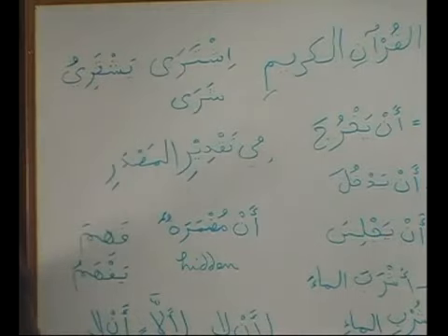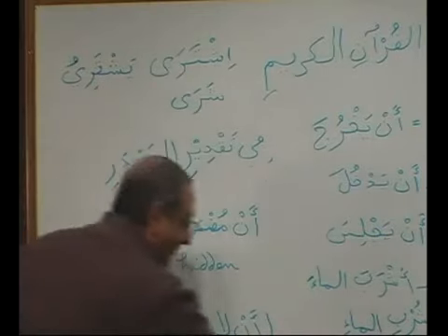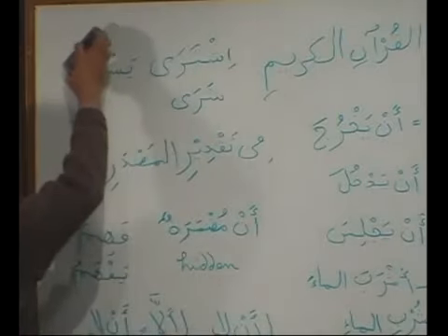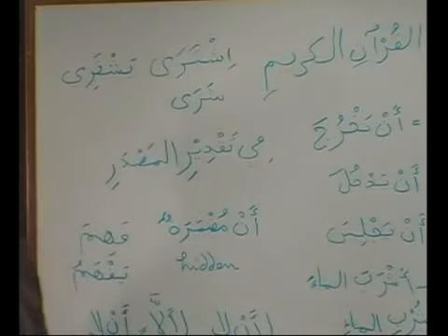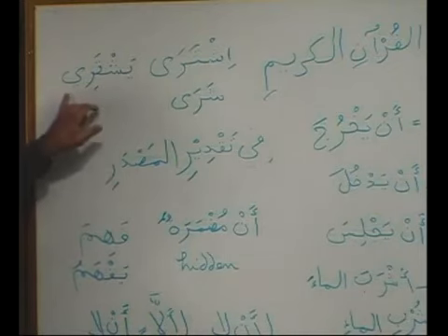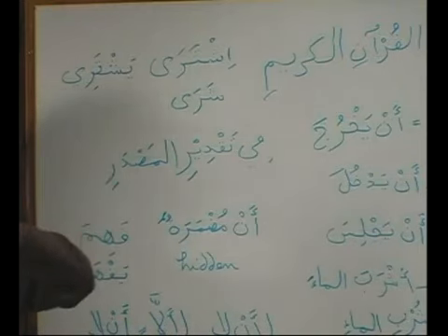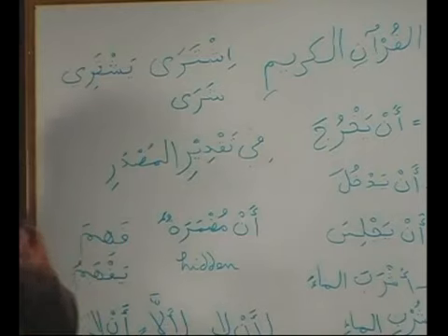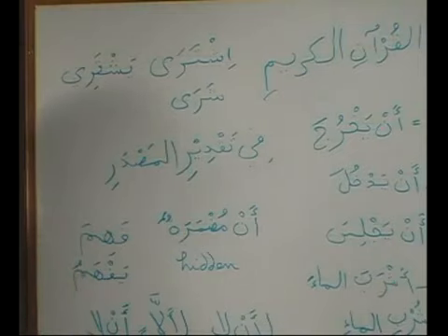But then we don't write like that. We say ishtara, yashtari. But actually it is yashtari. So where is that dhamma? It is estimated to be there. Are you with me, brothers and sisters? Now, when you make this kind of a verb in which lam kalima is ya or waw, how do you make it mansub?